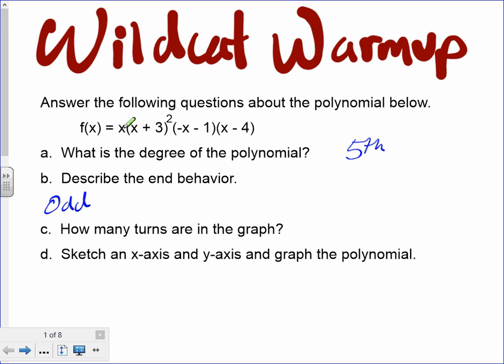You just look at the x's, and you're looking for negative x's. What if there were two negative x's? Negative times negative is positive.